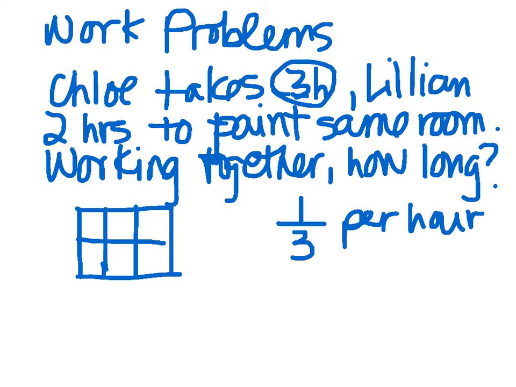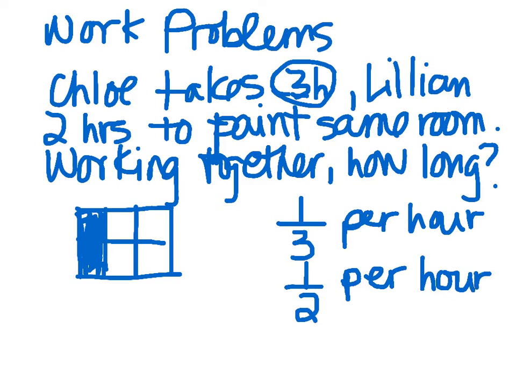1/3 of 6 is 2 squares. And we made 6 so that their things would both go into it. 1/2, if Lillian can do the whole thing in 2 hours, her rate is 1/2 per hour. Make sure you remember that. Half of these 6 squares is 3.